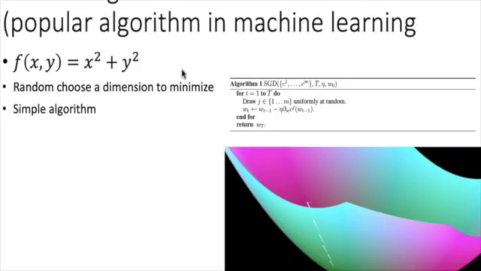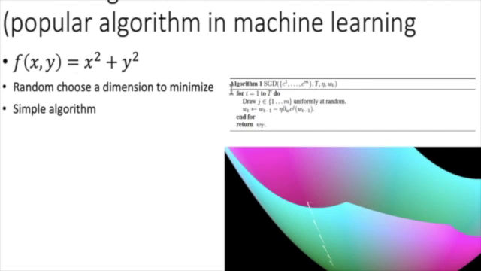Then this one is the stochastic gradient descent algorithm. It's a popular algorithm in machine learning. It's a simple algorithm. It randomly chooses a dimension to minimize. The step length is the derivative of the cost function times a constant.